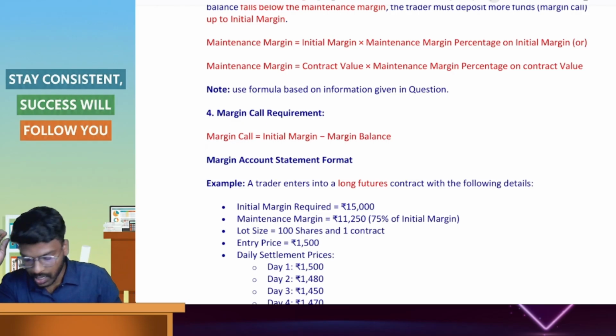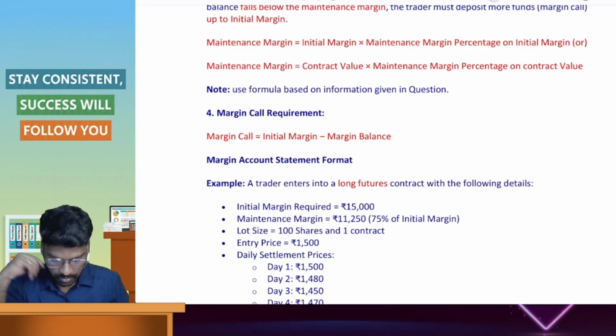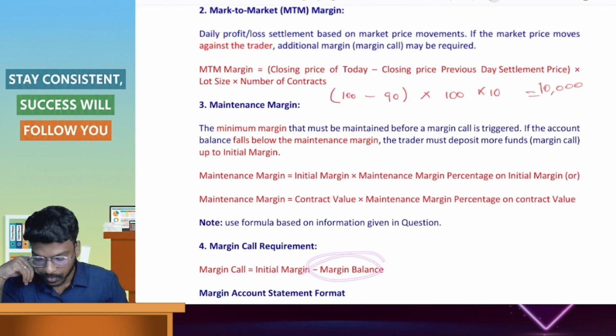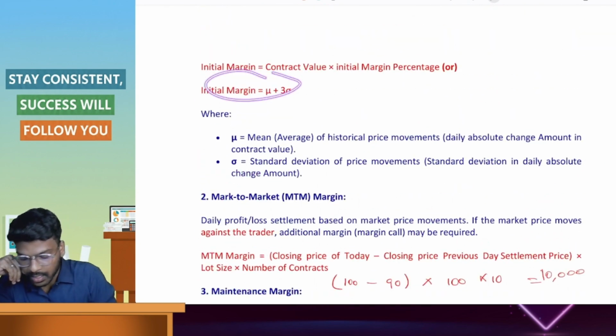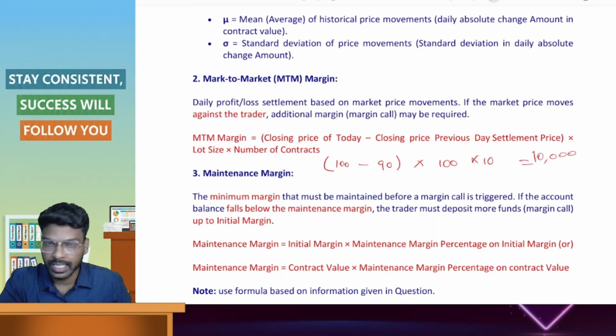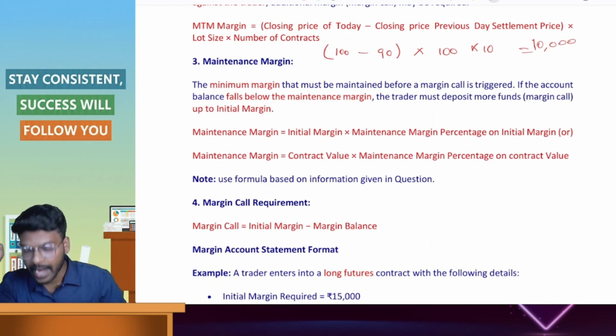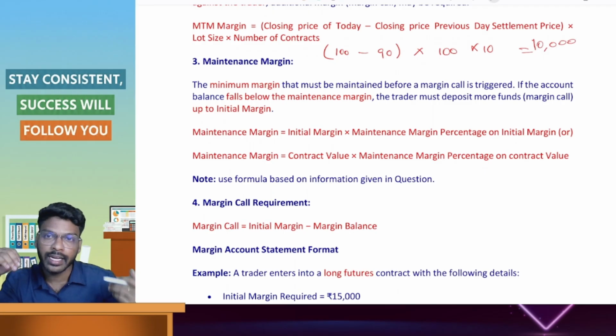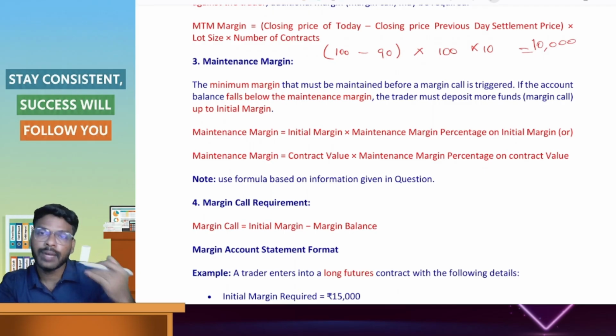Initial margin call equals initial margin amount minus margin balance. Margin balance is nothing but initial margin plus or minus the gain or loss from the mark to market, which will happen based on the price fluctuation. That amount will be added to the initial margin amount or deducted. In case of profit, initial margin plus profit.